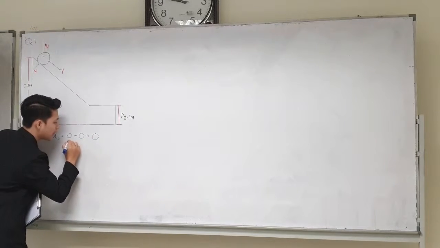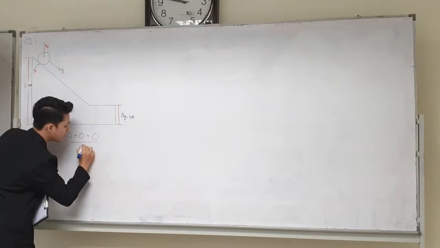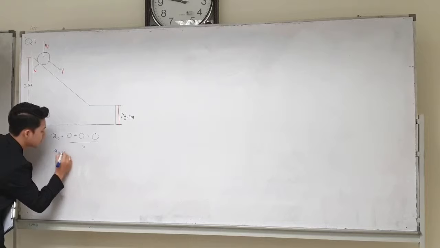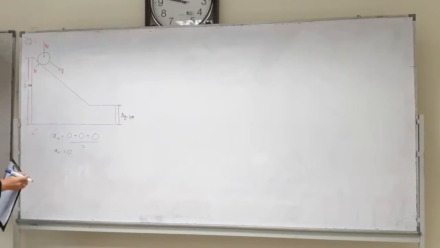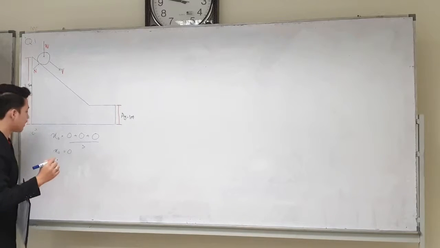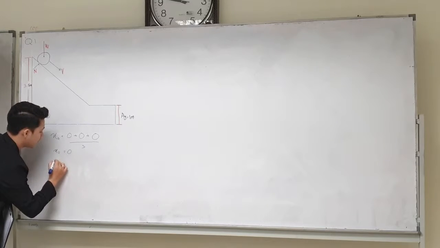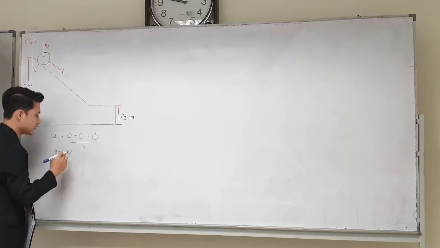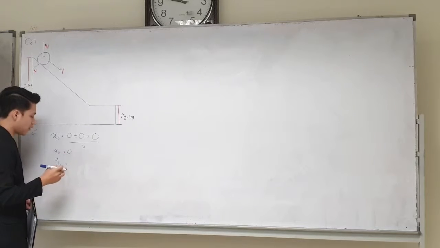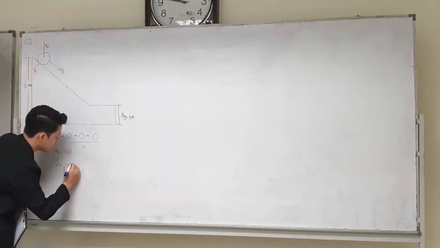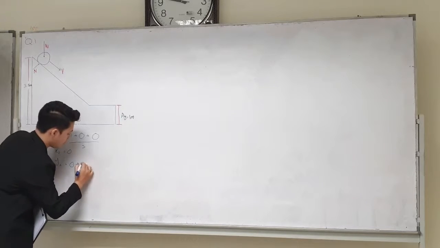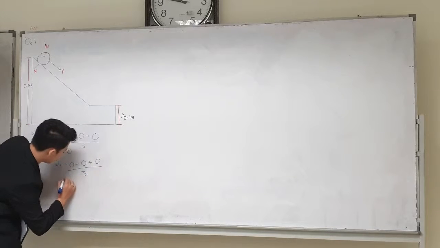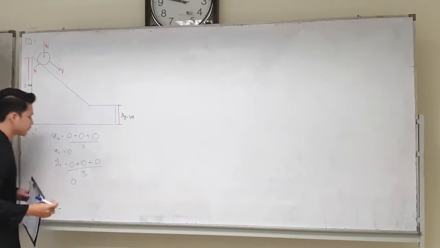After that, we add all 3 and divide by 3, and we get the average of x0 is 0. After that, we find the average of y0. The first, second and third angle of y0 are also 0. So we simply add the 3 and divide by 3, and we get 0.